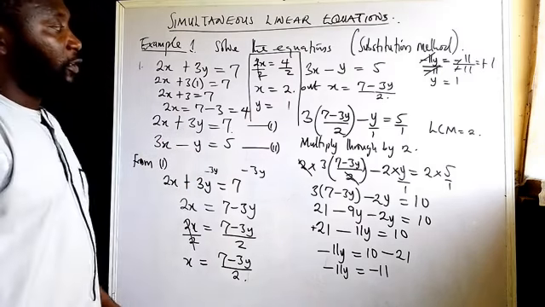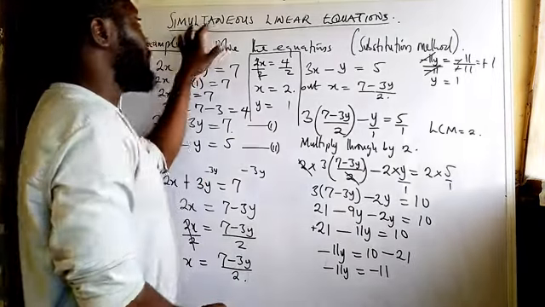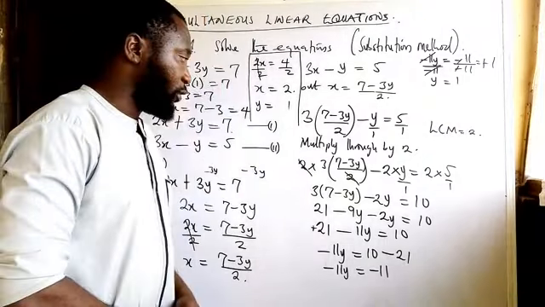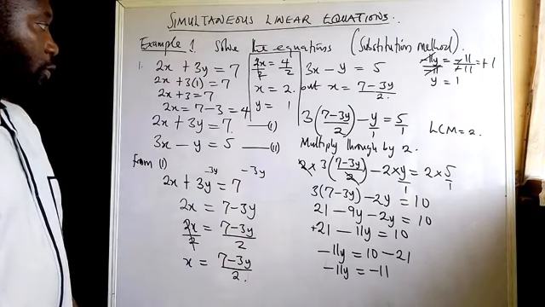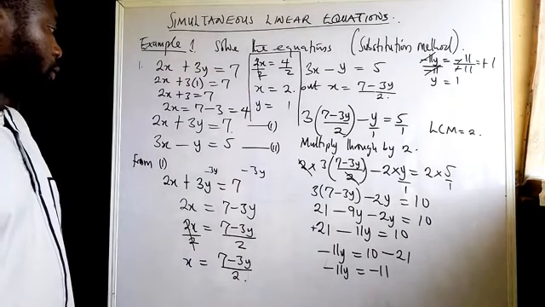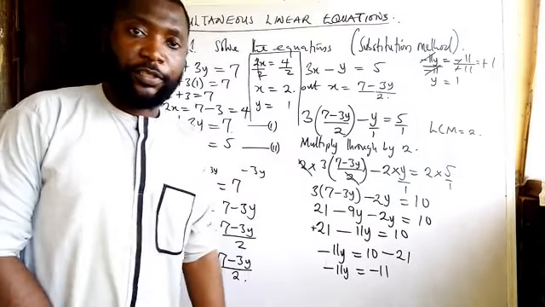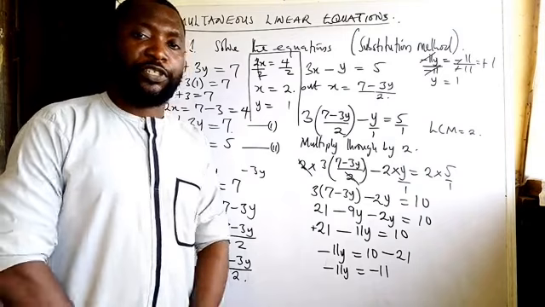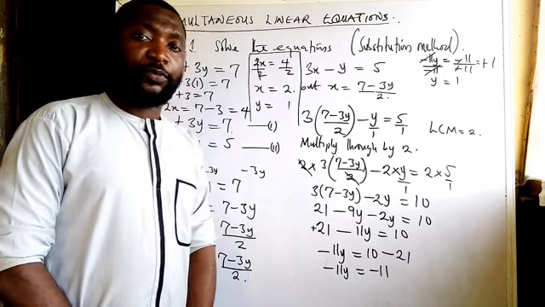Meaning they have common results, and that is why they are what? Simultaneous equations. As I used to say, all you need is practice, attempt questions, and that is how you see that math is what? Simple.